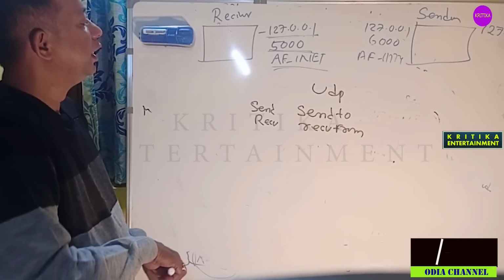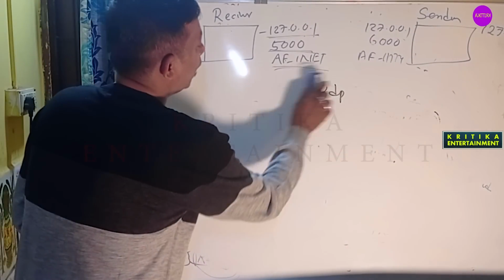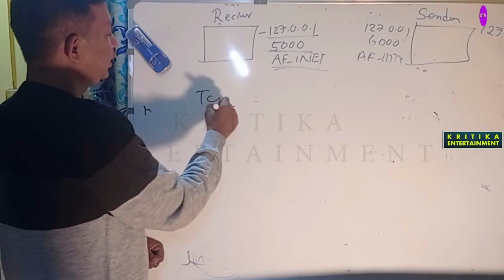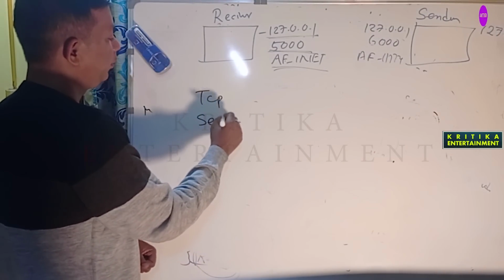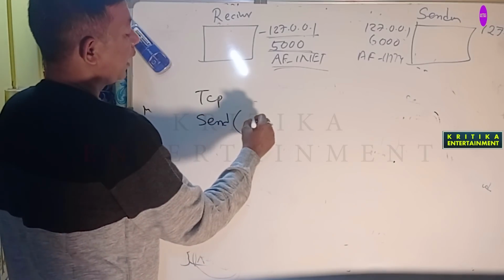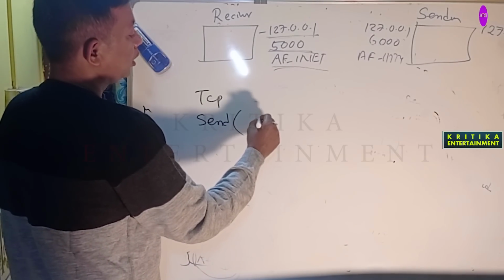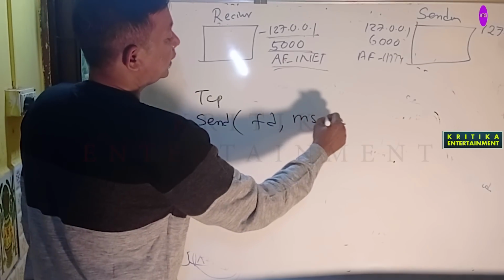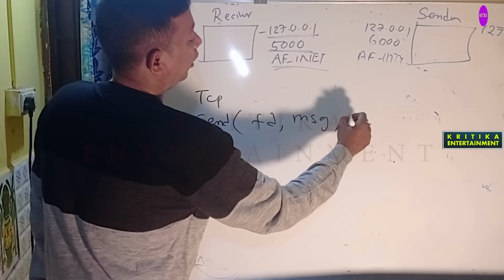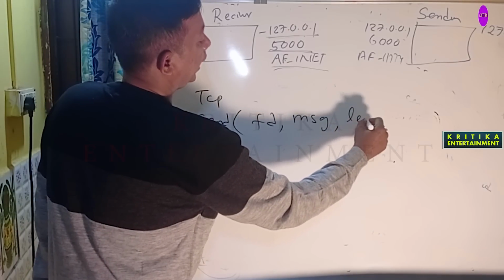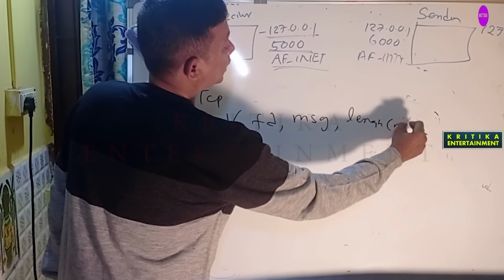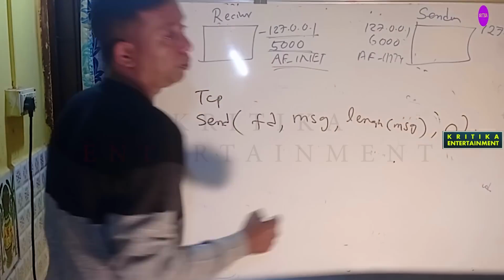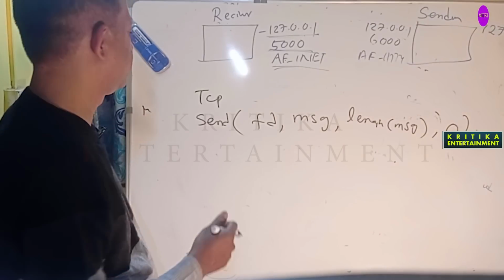So send takes 4 arguments. In TCP send, we are using 4 arguments. First is FD, second is the message, third is the length of the message, and fourth is the flag, 0 meaning successful sending of 1 byte characters.